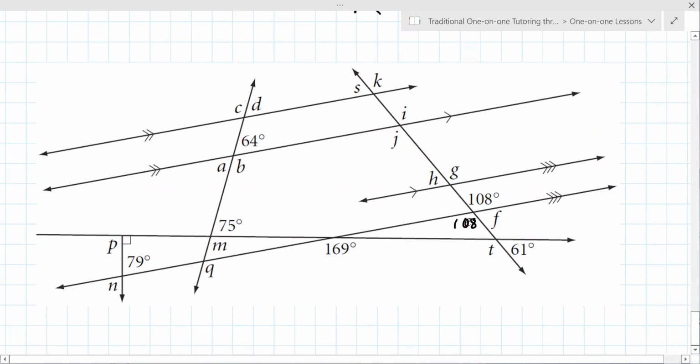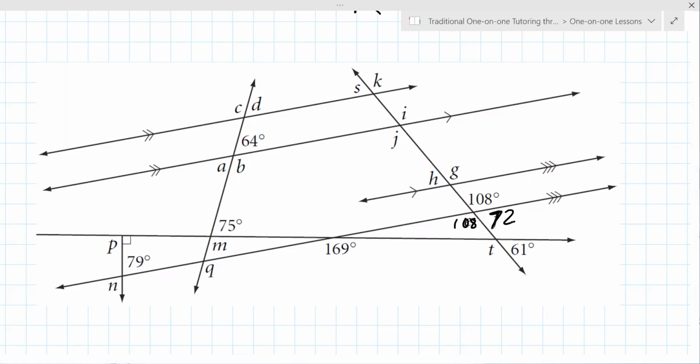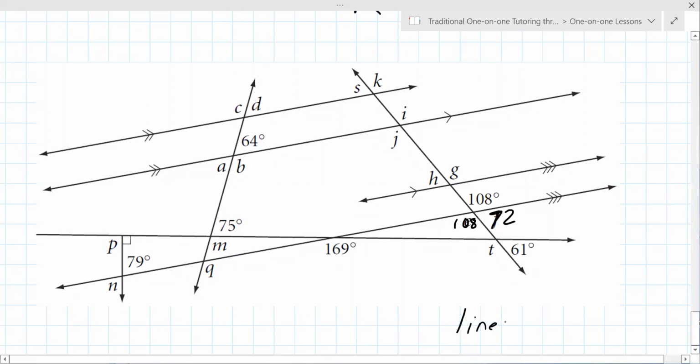And how about letter F? F is, oh, what's the name? 72 degrees, and shoot, parallel. I'm just going to take a guess on that. Okay, linear pair. Linear pair, okay. All right, I'm writing that down too.